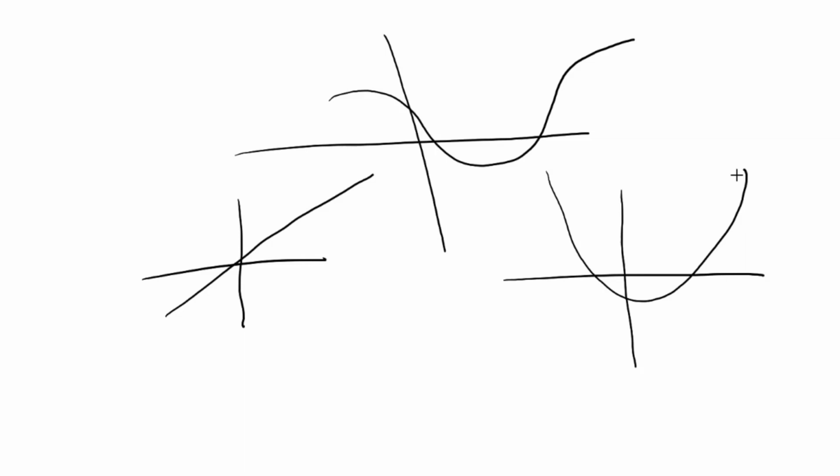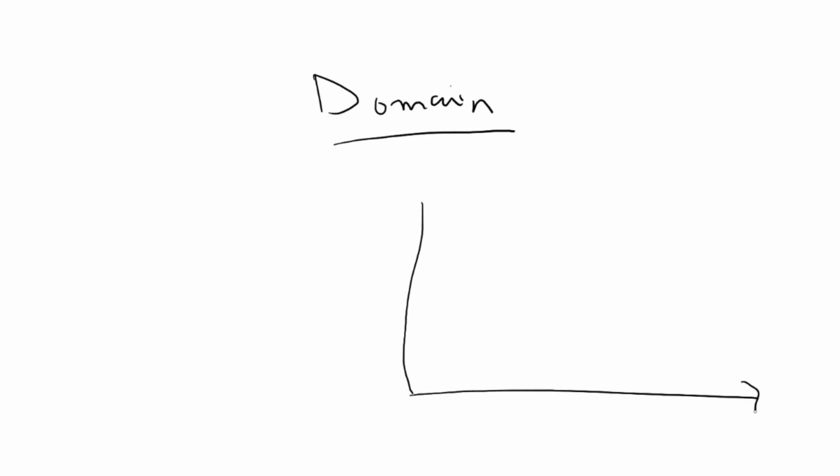So let's have a look at another example. So basically every function has a domain, right? And what is a domain? It's basically all the values that go into a function. So let's suppose I have a function with all the values x, and I have f of x on the y.